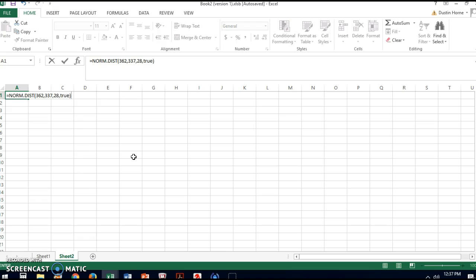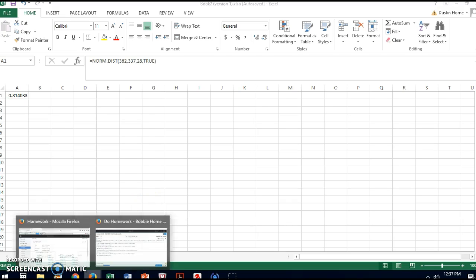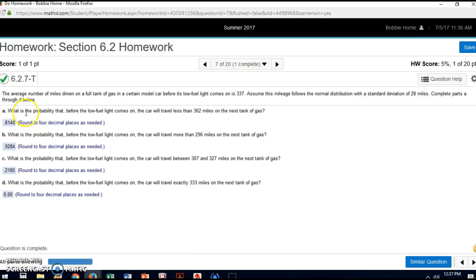And this is in the PowerPoint slides too. So your probability, 0.8140: before the fuel light comes on, the car will travel less than 362 miles, under the normal curve up to 362 miles.